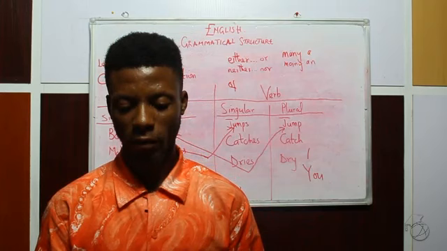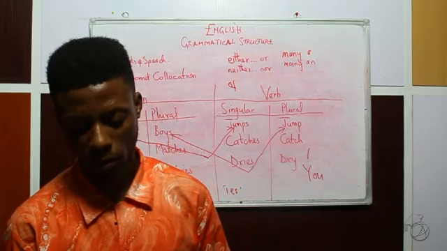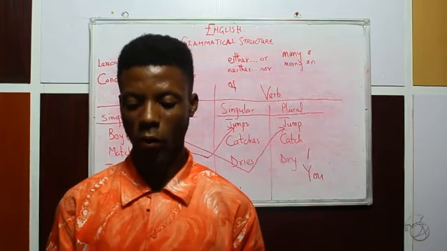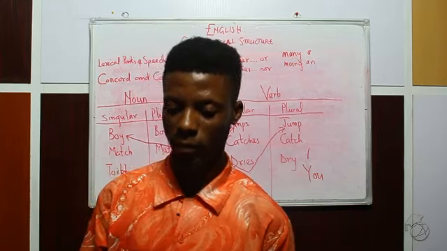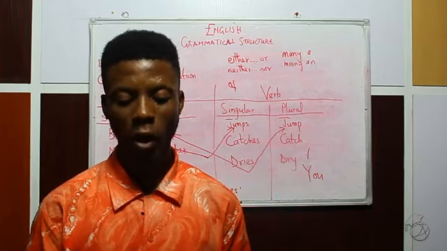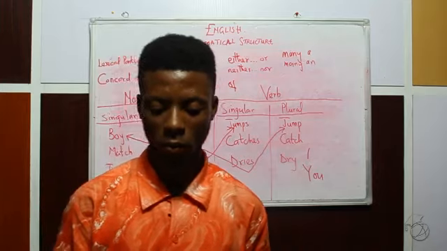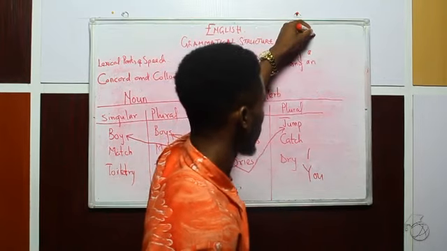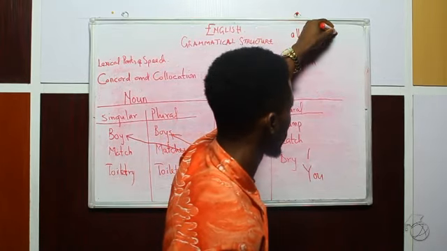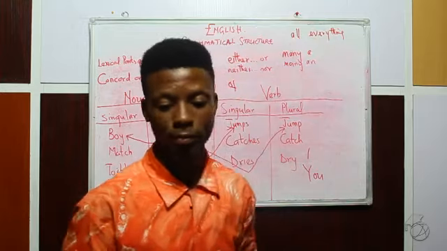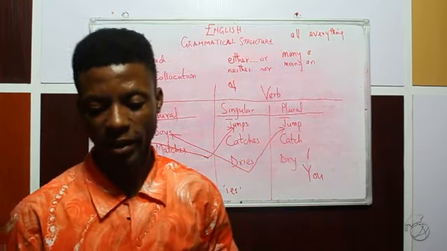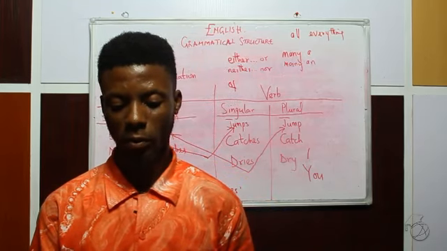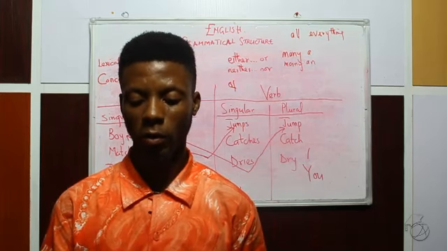When all means everything, it takes a singular verb, but when it refers to a collection of people or actions, it takes a plural verb. We'll take that again. When all means everything, it takes a singular verb, but when it refers to a collection of people or actions, it takes a plural verb.